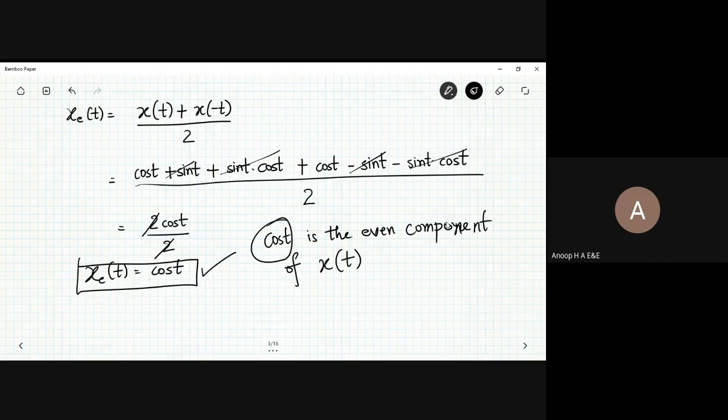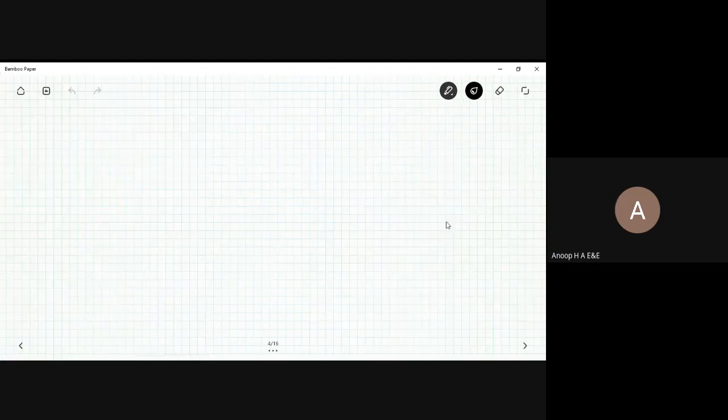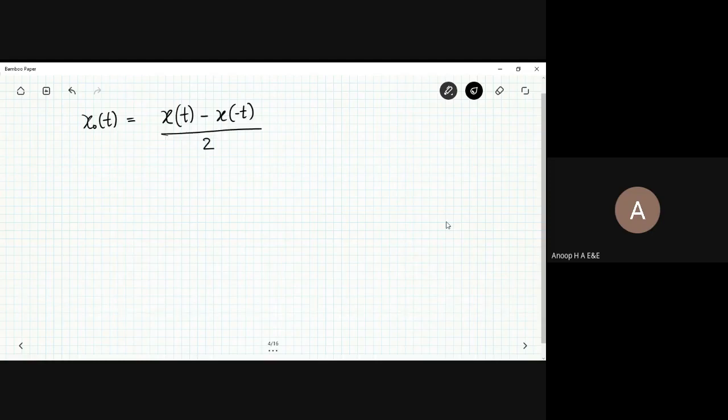Next, what you are going to do is find the odd component. How are you going to find the odd component, x o of t? It is x of t minus x of minus t, divided by 2. So x of t, which is already given in the problem, is cos t plus sin t plus sin t into cos t.